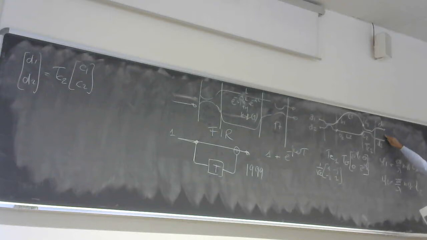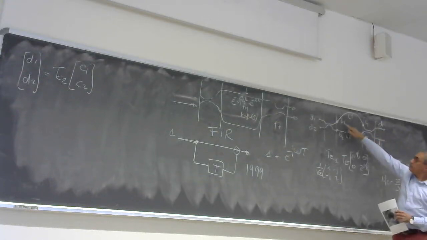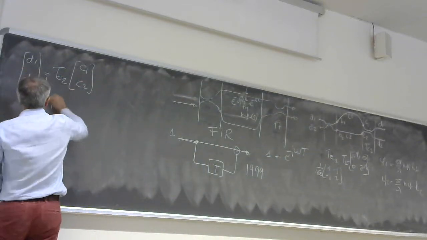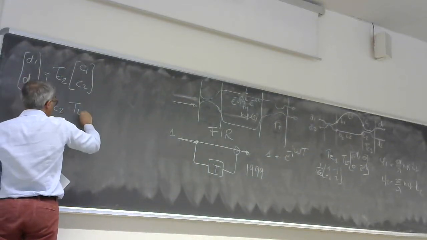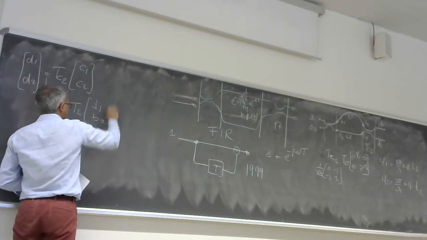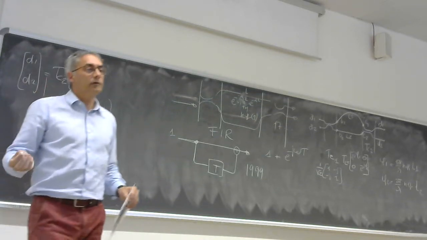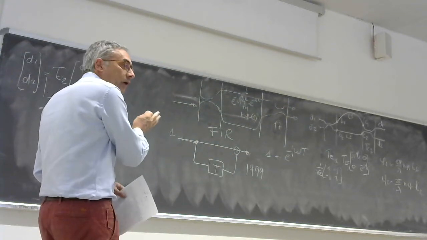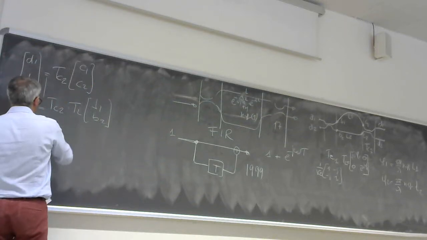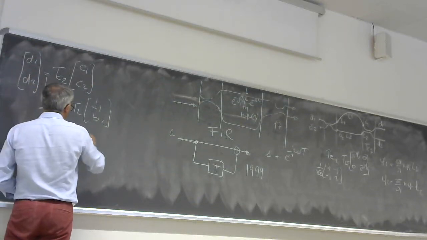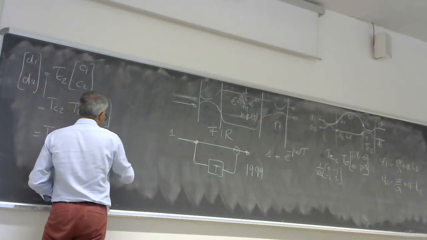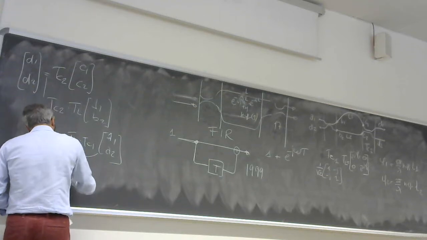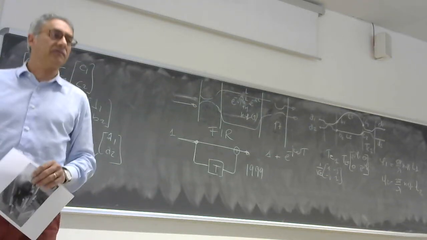But C1 and C2 depend on B1 and B2, so I can write T_C2 T_L B1 B2. But now you understand the game, because B1 and B2 depend on A1, A2. So I can write T_C2 T_L T_C1 A1 A2, and that's done. This is the transmission matrix of the Mach-Zehnder.